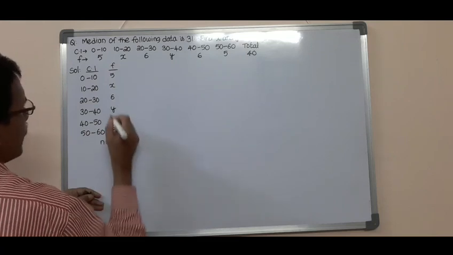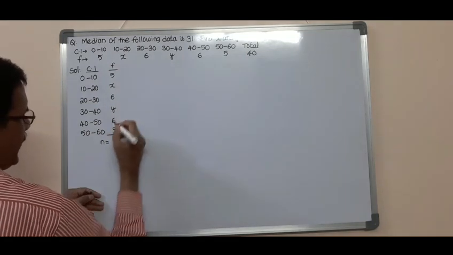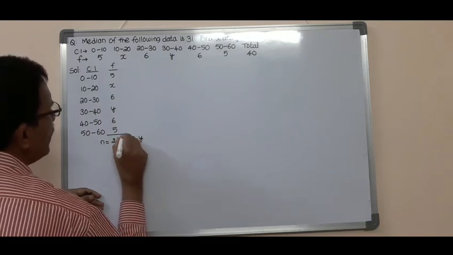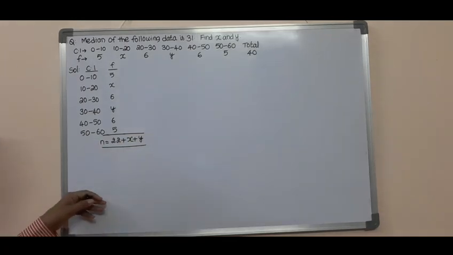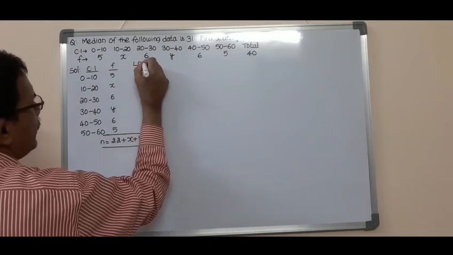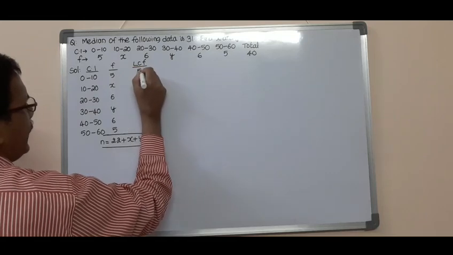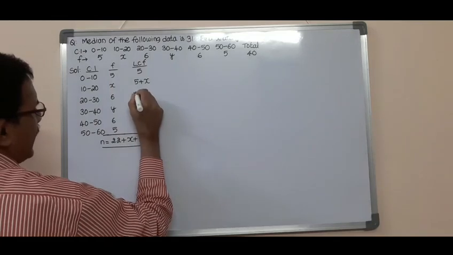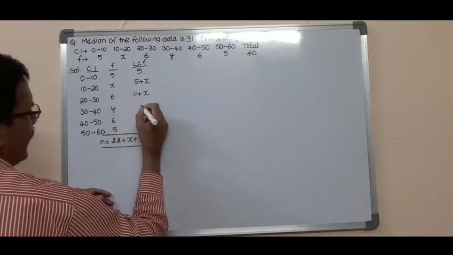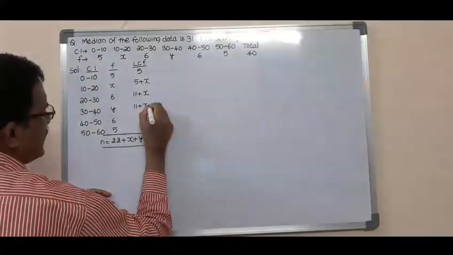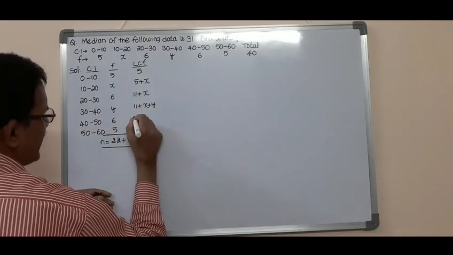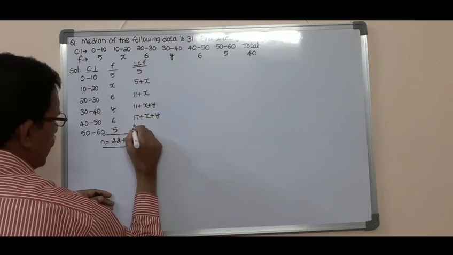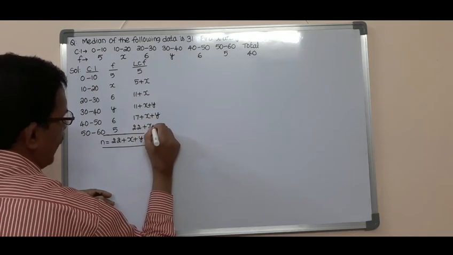N is equal to 5 plus 6, 11, plus 6, 17, plus 5, 22 plus x plus y. Next, preparing less than cumulative frequency: 5, 5 plus x, 5 plus x plus 6, that is 11 plus x, 11 plus x plus y, 11 plus x plus y plus 6, 17 plus x plus y, 17 plus 5, 22 plus x plus y.